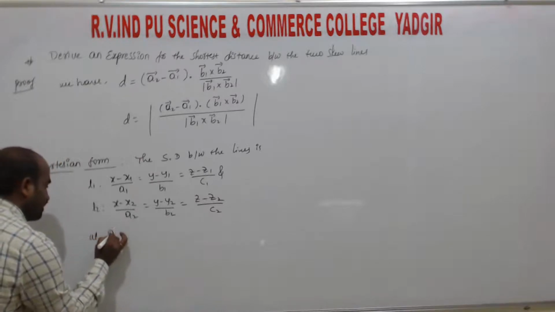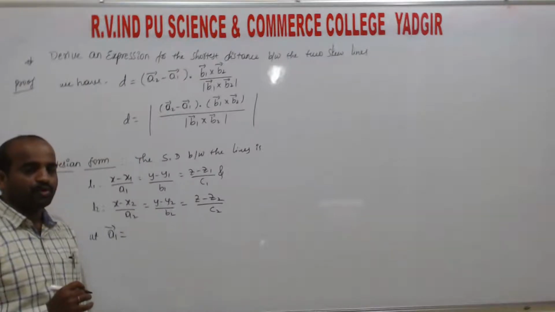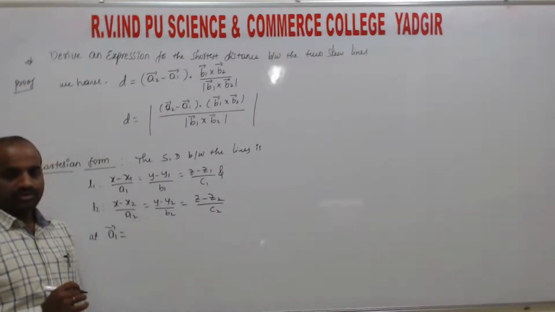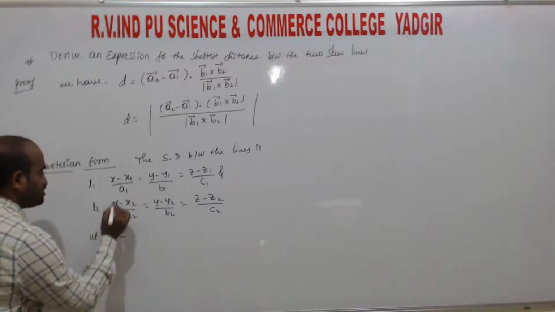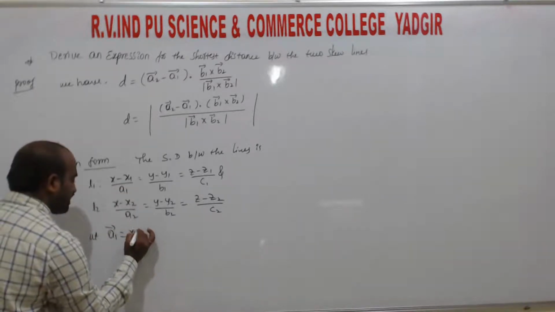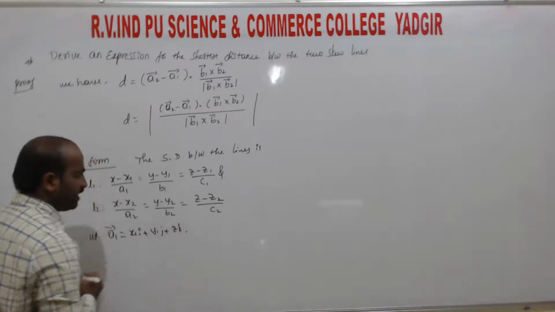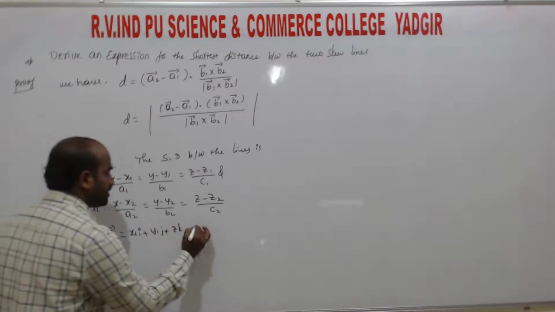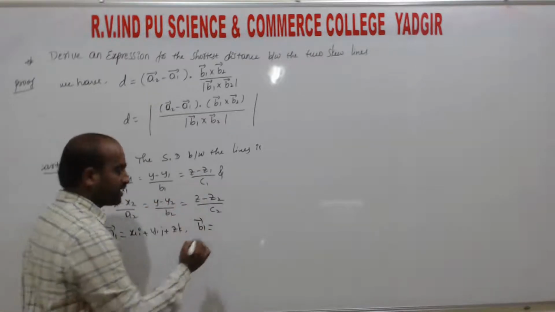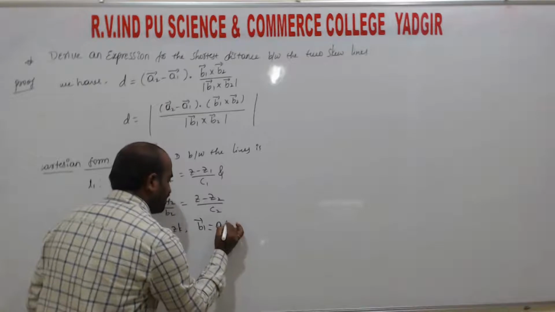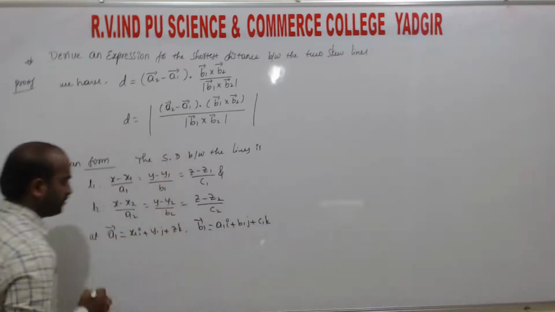Let A1 vector be the position vector of the point on the first line: A1 is equal to x1 i plus y1 j plus z1 k. B1 vector is equal to a1 i plus b1 j plus c1 k.